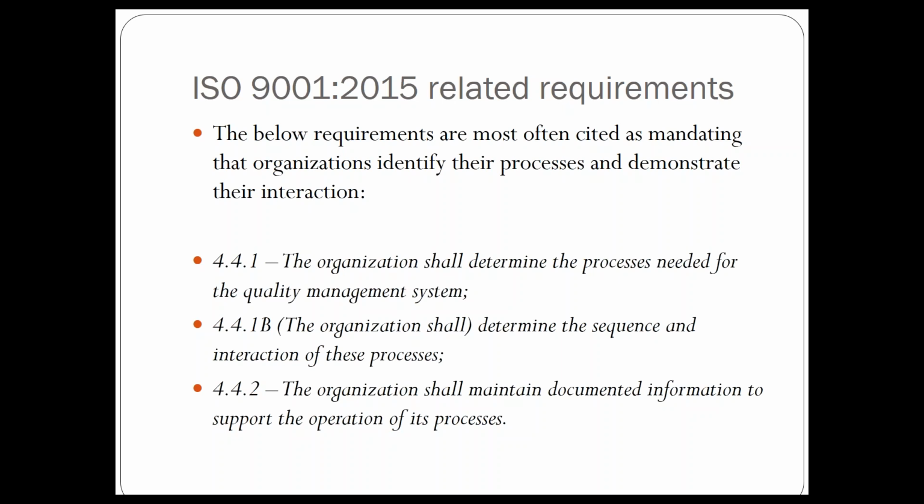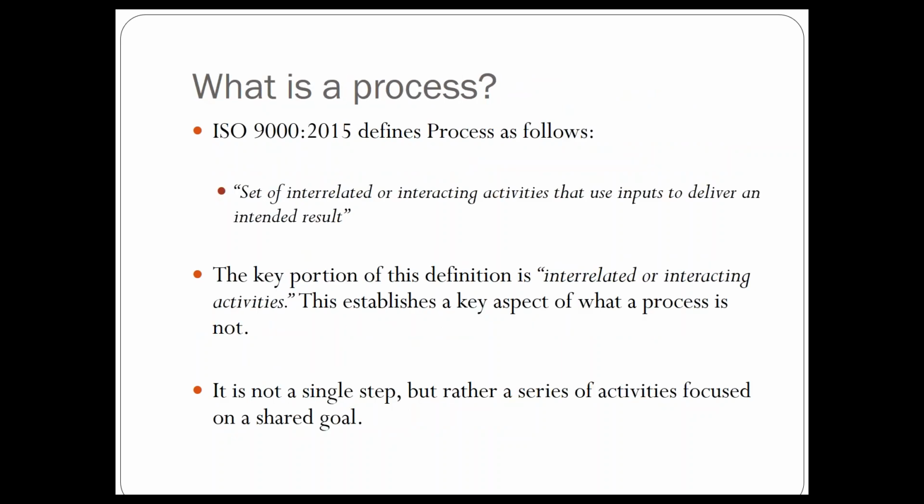We would look to section 4.4.2, which is kind of a general clause where it says that you will maintain documented information to support the operation of processes. Part of how that clause is correctly interpreted is that you will maintain a document or some form of documented information that stipulates what your processes are and how they interface with each other.